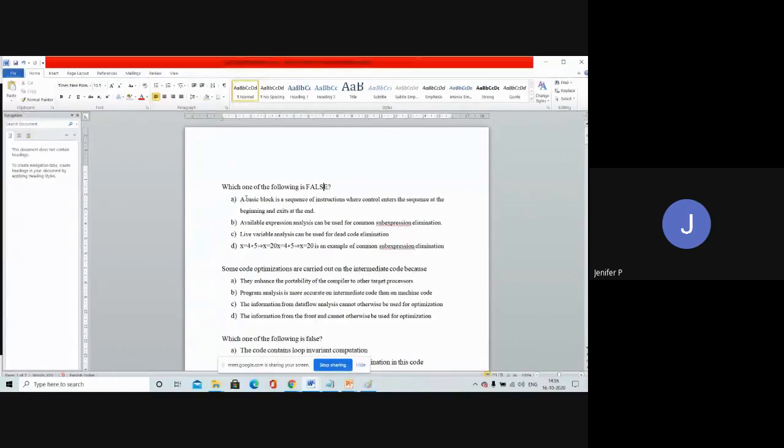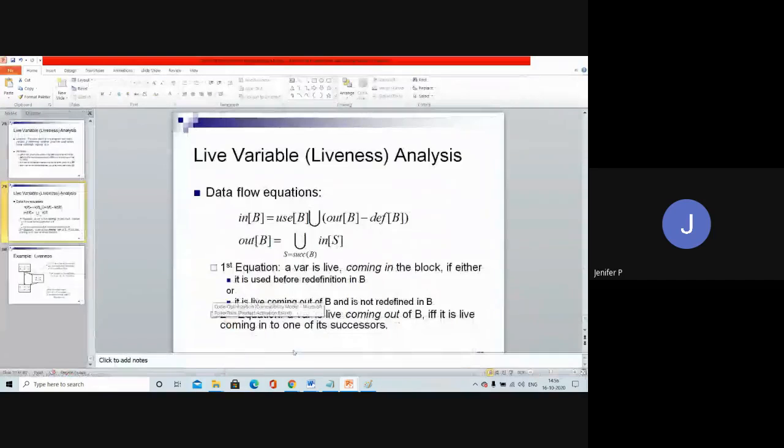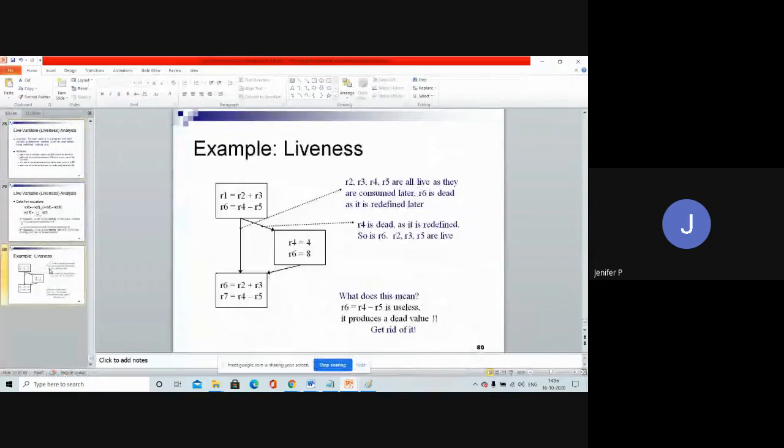See here, the first one: a basic block is a sequence of instructions where control enters the sequence at the beginning and exits at the end. A basic block is nothing but a set of statements. This is a block. Control enters from one point and exits from one point. Whichever block we take, there is one entry point and one exit point.